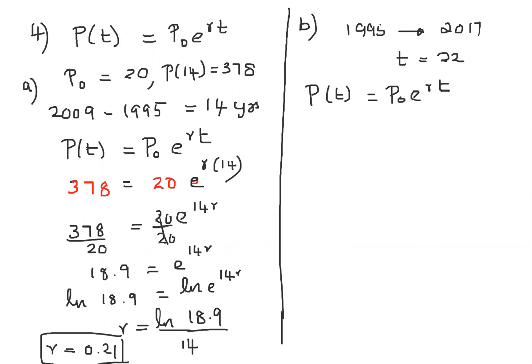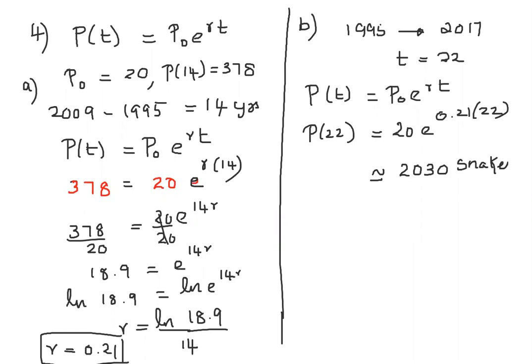We have to find P of 22, which is 20 times e to the power, r is 0.21 and t is 22. So when you enter on your calculator, you get 2030, and it's the number of snakes. So that is the answer. In 22 years, 2030 snakes will be captured.